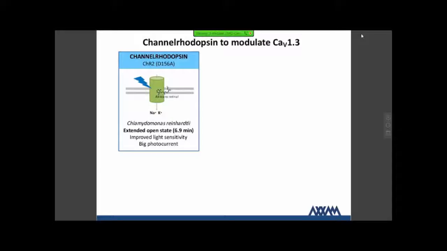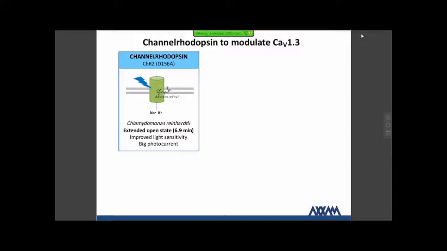So the first project that we developed was using a channelrhodopsin tool, exactly the mutant D156A. This is a light-activated ion channel, and so upon stimulation with blue light, these opsin transmembrane proteins, which use all-trans-retinal as cofactor, rapidly translocate cations into the cells, mainly sodium ions and also potassium.